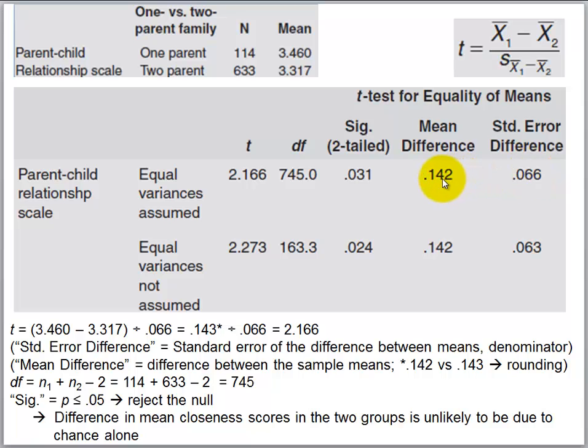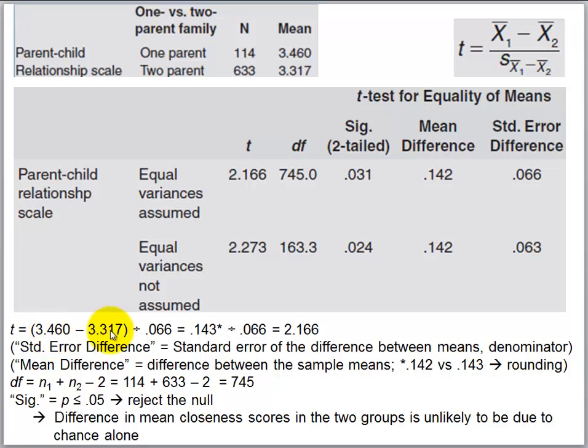What does this mean difference here of 0.142? I mean, there's some rounding error involved, but basically it's the subtraction of 3.317 from 3.46, and we get 0.142. Here is our calculation of t.